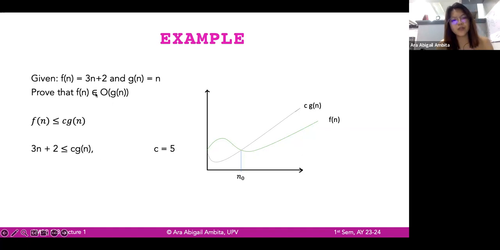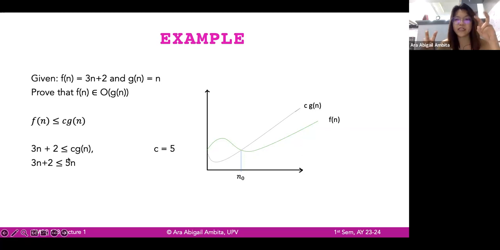Now, how do we actually prove this one? What we want to do is to look for some constant c. Assuming that the constant value is 5, we replace the c with 5, and g of n is equal to n, so this is 5n. Now, how did we get the 5?